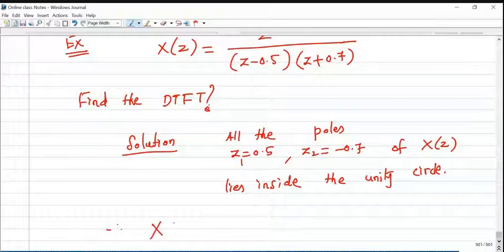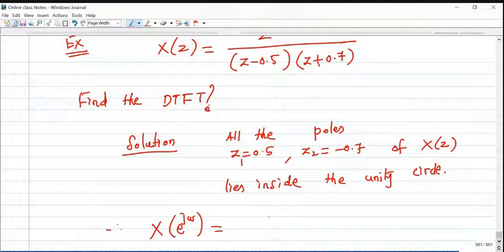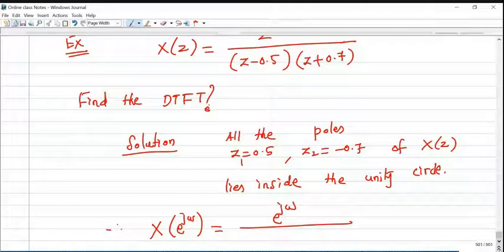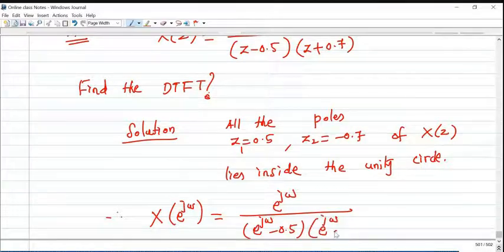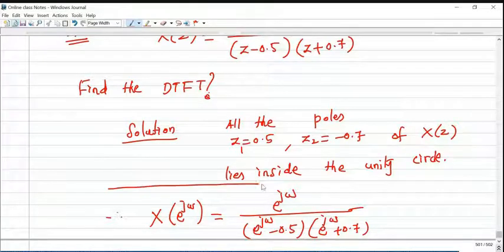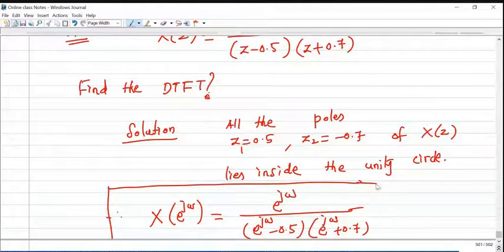Therefore, X(e^(jω)) equals e^(jω) divided by (e^(jω) minus 0.5)(e^(jω) plus 0.7); replace all z by e^(jω). The CTFT and Laplace transform are the same for stable signals.